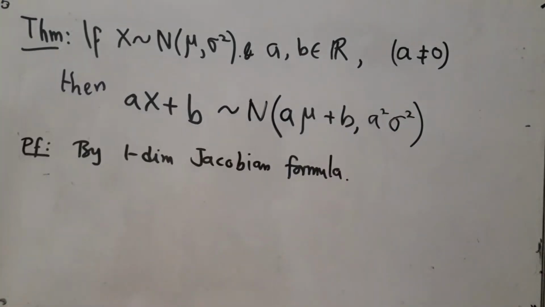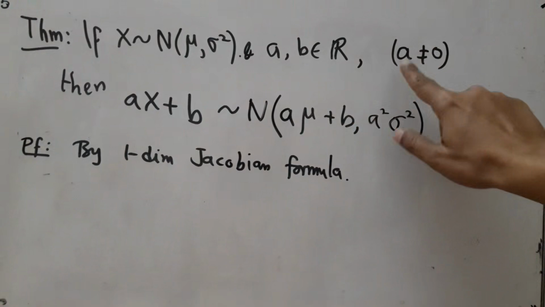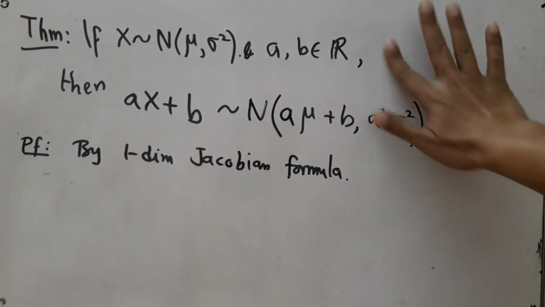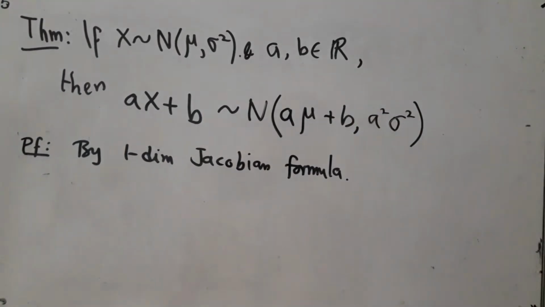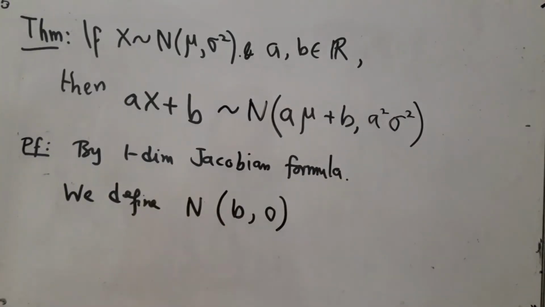The proof is absolutely trivial using the one-dimensional Jacobian formula, so you should try your hand at it. Now, many authors will drop this condition. They will say that if I allow a equal to 0, I can easily see what the distribution is going to be. It is going to be just the constant b. So they will define the normal b comma 0 distribution.